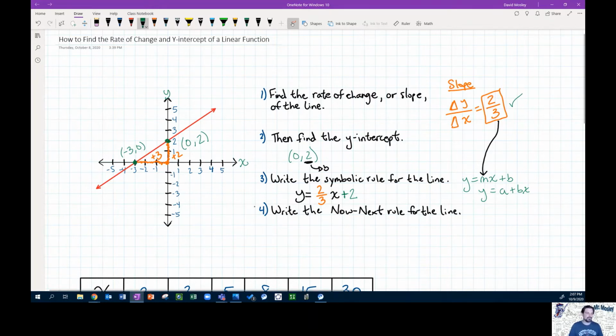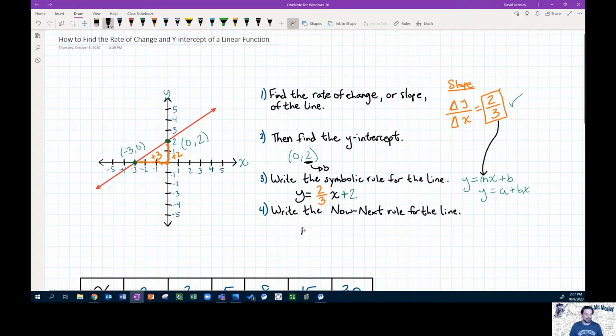Lastly, we have what's called the now-next rule. This is another form of rule that is more of a written sentence saying how to go from one y value to the next y value. It would be considered like an algorithm. It tells us the rule on how to do something.